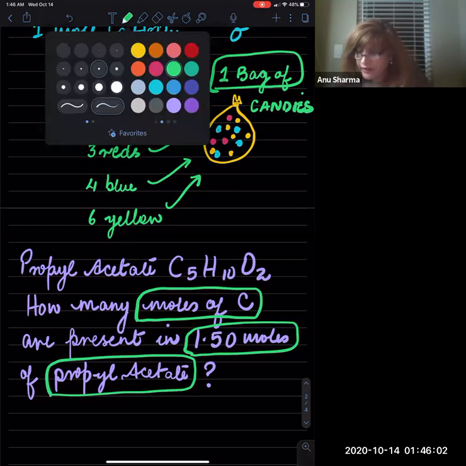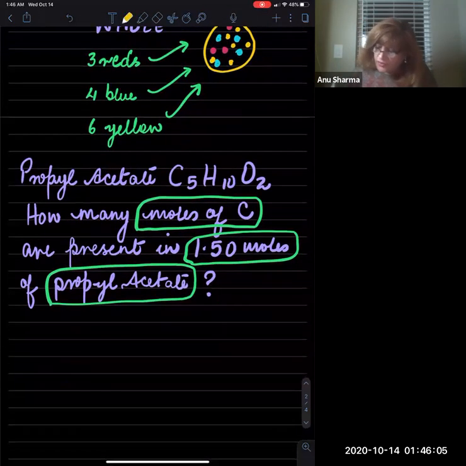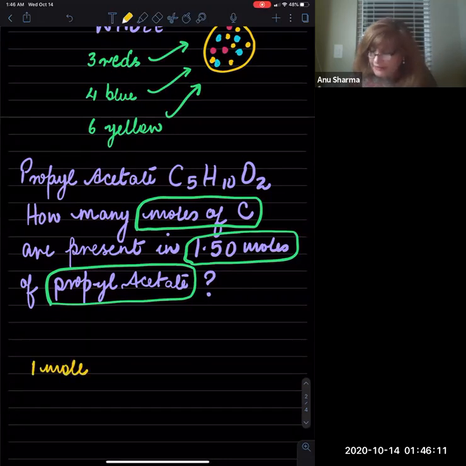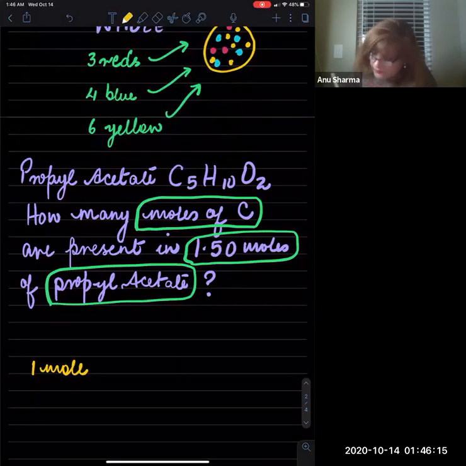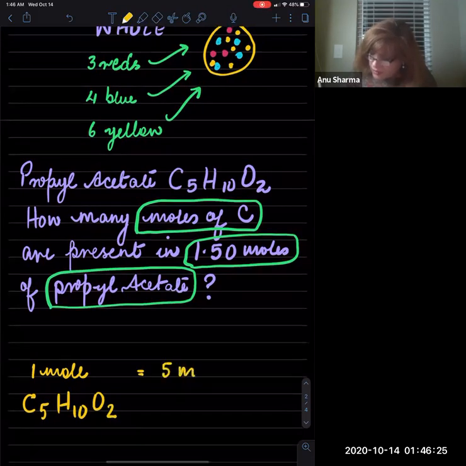So you're going to write down: in 1 mole of propyl acetate, which is C5H10O2, there are 5 moles of carbon.